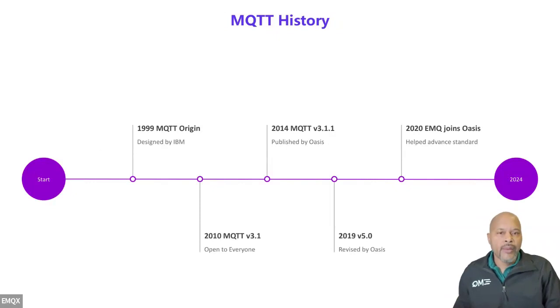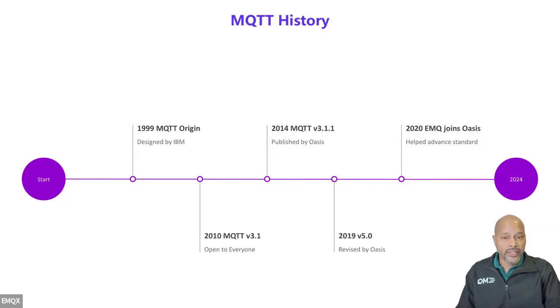So a brief history of MQTT: as I mentioned, it was originally conceived at the time with IBM. It was released to everyone, or made an open standard, in 2010. At that point, it was at version 3.1, so this is often referred to as MQTT version 3.